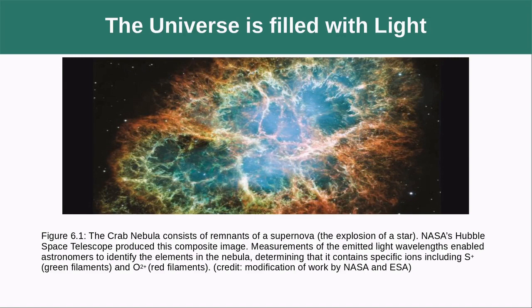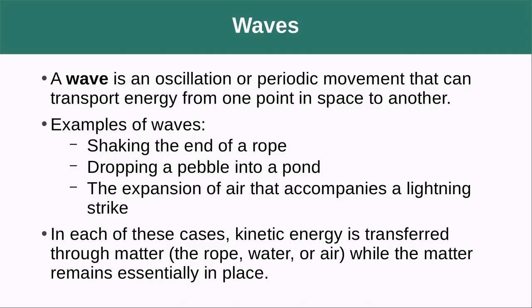We know that the light emitted by this nebula is due to the elemental composition within the nebula. So sulfur cations produce those green filaments that you see, and the red filaments are produced by oxygen cations. By analyzing the light coming off the nebula, we get an idea of what its elemental composition is.